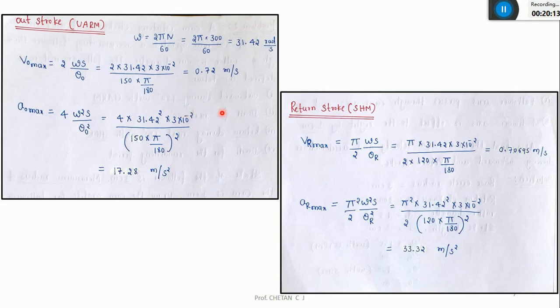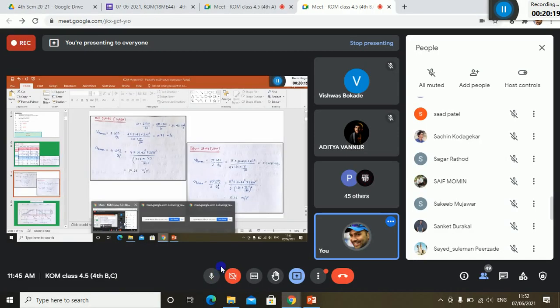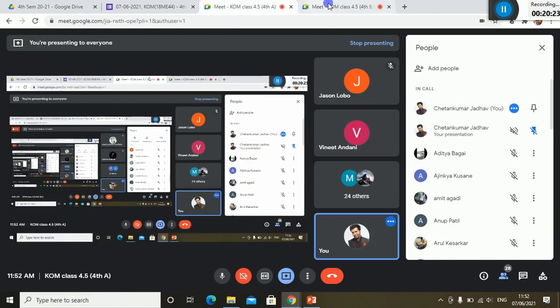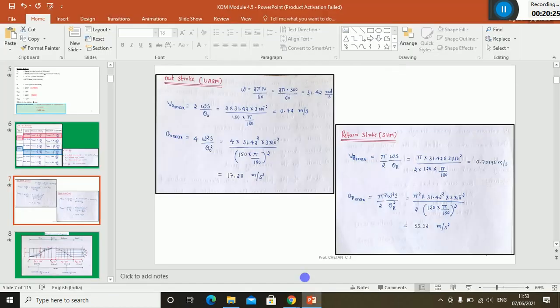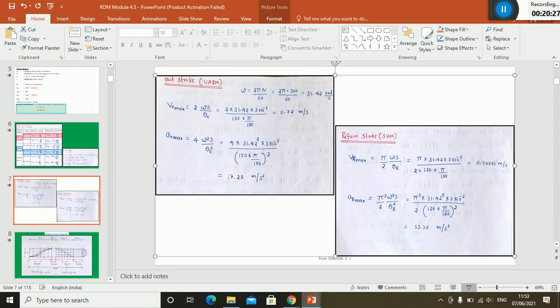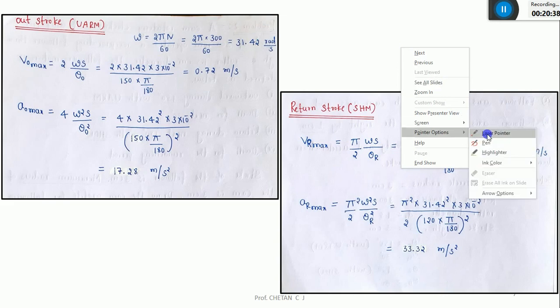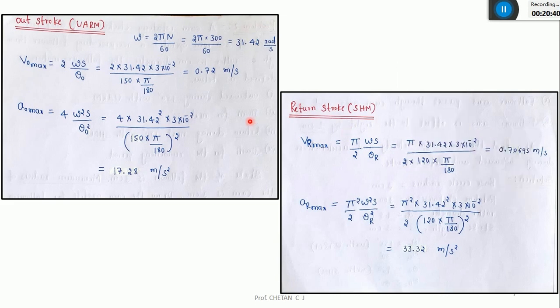So please verify your answer, whether you are getting a similar answer. Please take 30 seconds to check. Just let me know. Anyone from fourth semester C division?